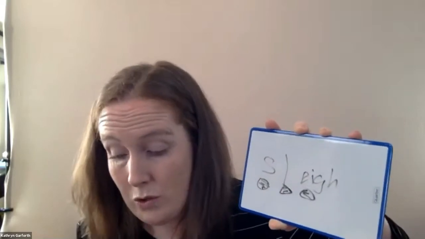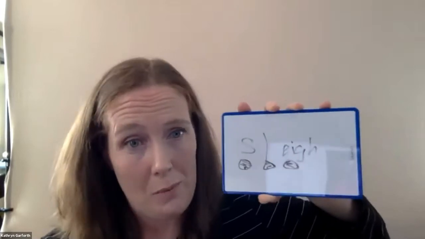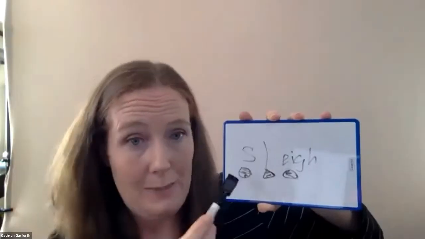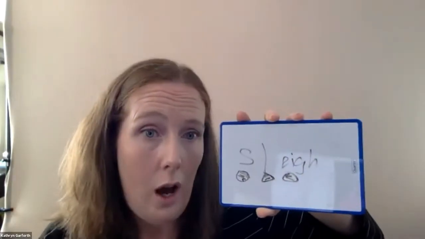L-E-I-G-H. And I find this really handy, especially for students that struggle with the encoding side and leave out phonemes when they're printing and spelling, because this means, okay, I need to make sure that there's one dot for every phoneme in the word, or at least one grapheme.